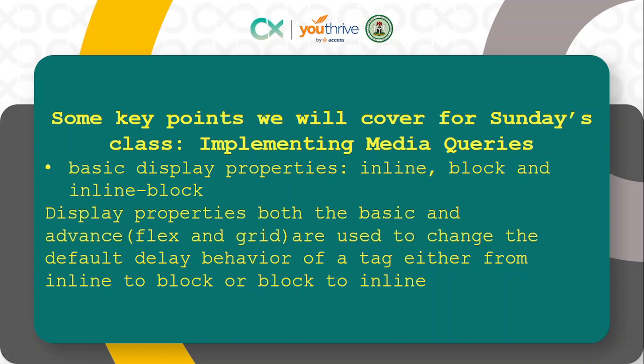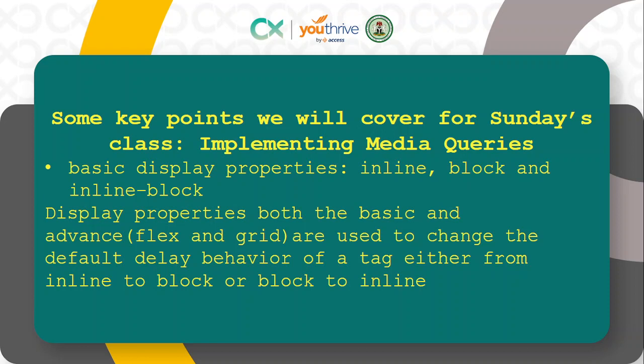So with these display properties, you may remember, oh, now I want to be a number, oh, I should use an anchor tag because I need it to just stay inline. No, you can use an ol, or you can use a list tag for that. You can use a div, you can use any tag of your choice, then use these properties to change the behavior. But ol is usually the one that is commonly used.